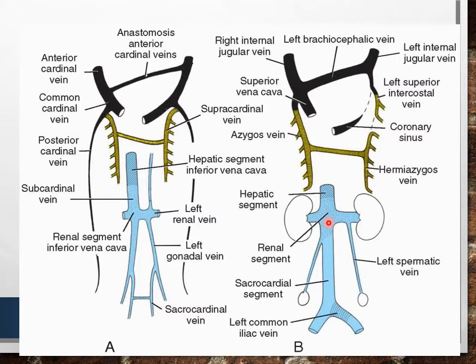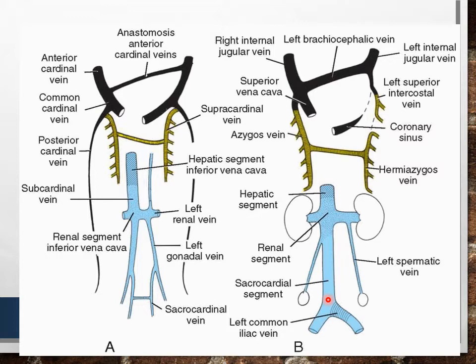So the inferior vena cava is going to have the hepatic segment, the renal segment, and this sacrocardinal segment, and mostly it is derived from the right sided channels. So the right hepatocardiac channel is giving the hepatic segment, the right subcardinal vein is giving the renal segment, and the right sacrocardinal segment is giving rise to the sacrocardinal segment of the inferior vena cava.